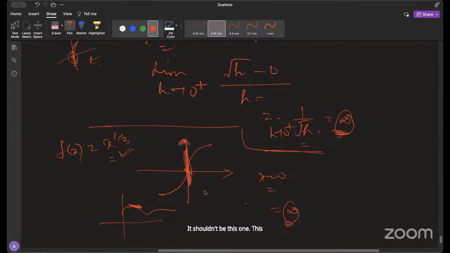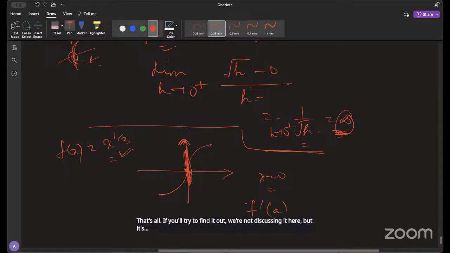This is also a tangent, but it's x equals to 0, and the slope of this one will be infinity. That's the problem. We're not discussing it here because we're short on time, but if you try to find it out at 0, it will be infinity. It's not differentiable here.